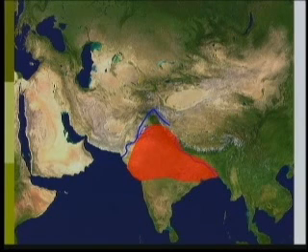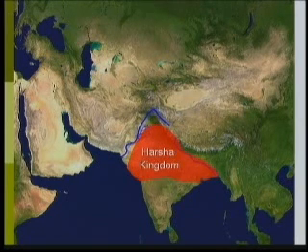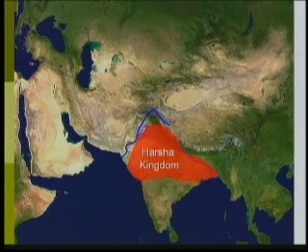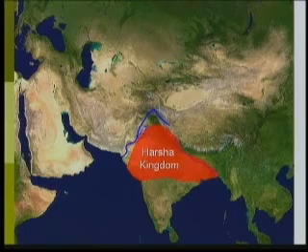Gupta Empire, of course, to be continued in one way or another by the Harsha kingdom, and that's why, as I said, Harsha is considered to be part of Gupta, but here we represent it by a different color, the red color.